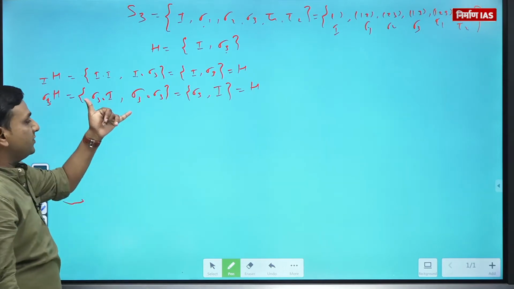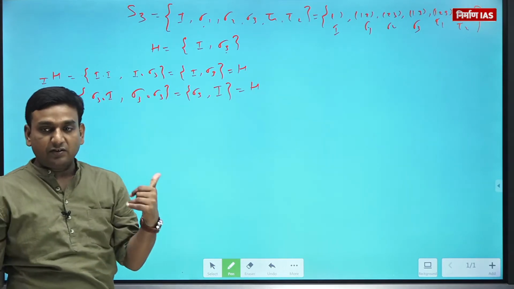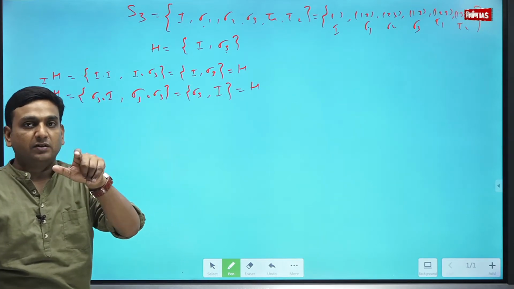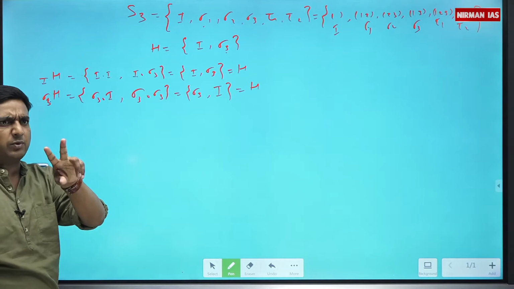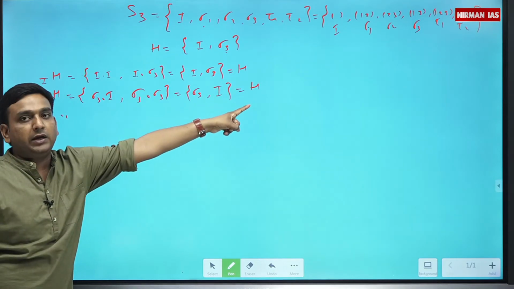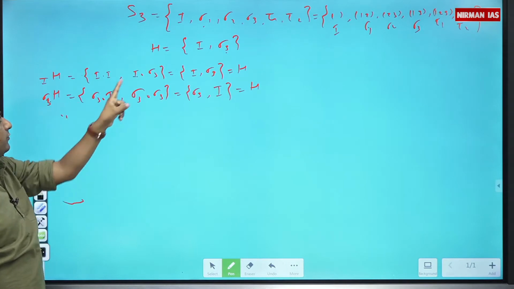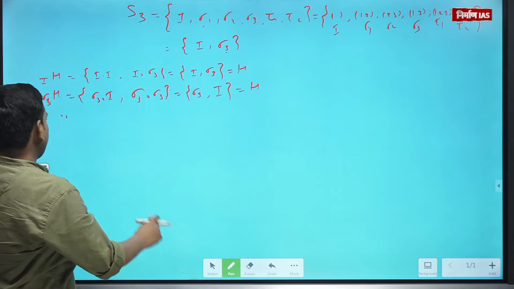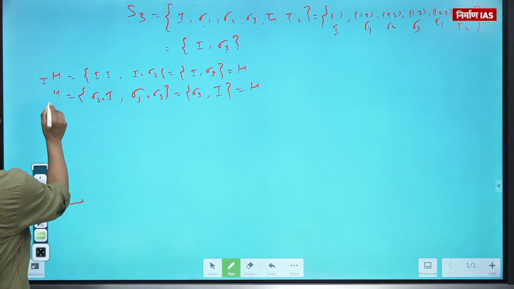Meanwhile, you can observe what I taught just 20 minutes before, the properties of cosets. There I taught a property, the second property, I guess: AH will be H only when A comes from H. Is that clear? So such properties you can observe here also.